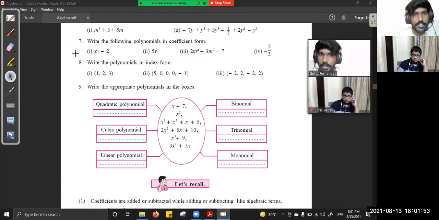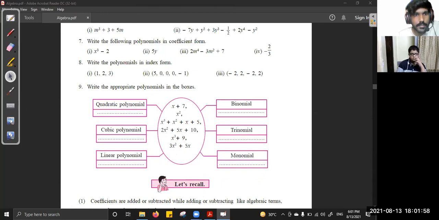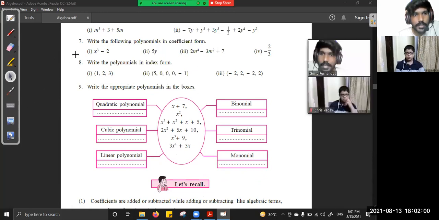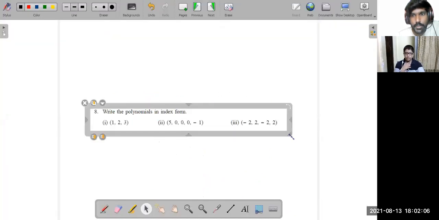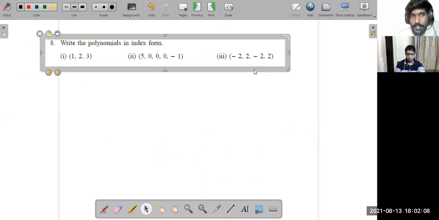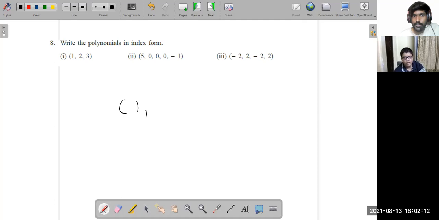Okay. Question number 8. Can you do it for homework? Write the polynomial in index form. Coefficients are given. You have to write it in the index form. So for the first one, if you see, it is 1, 2, 3.